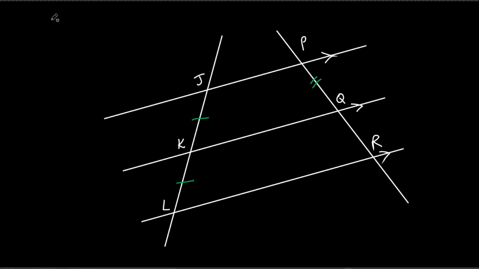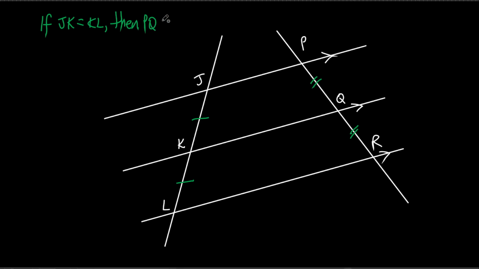So here's what we can say. If these are parallel lines, and if JK is equal to KL, then what must be true on the other side? Then those other 2 that are broken up by this transversal must be equal to each other as well. So what could we write?